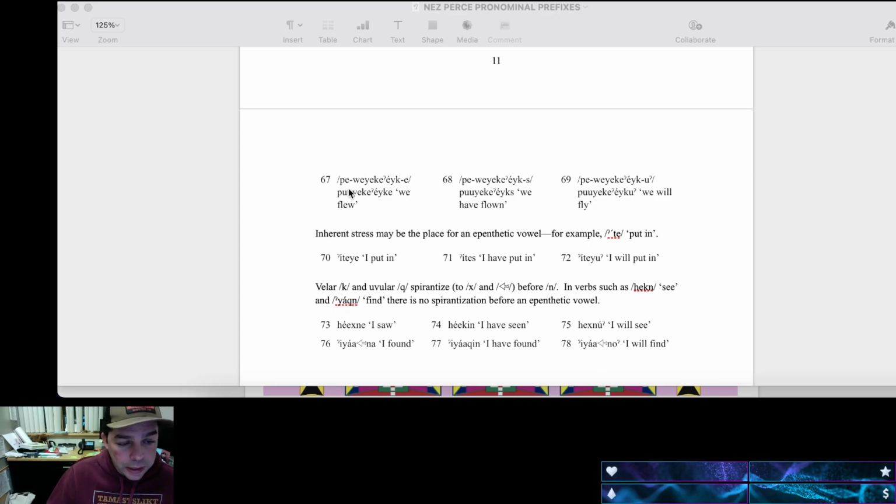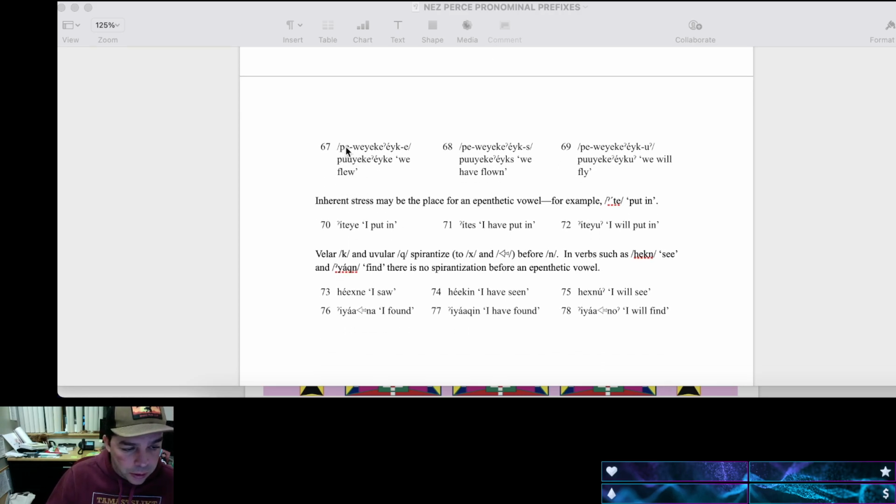So when we break it into its forms, we put these brackets in here. We add, so we're going to say pa, which is the plural of first and second person, waka ike, and a. So we put all these things together, and what starts to happen is the word will change a little bit.